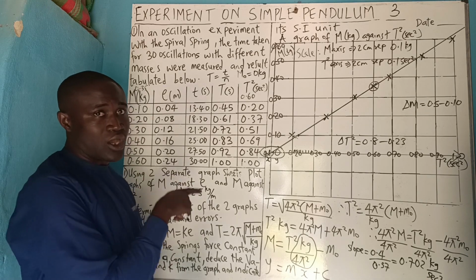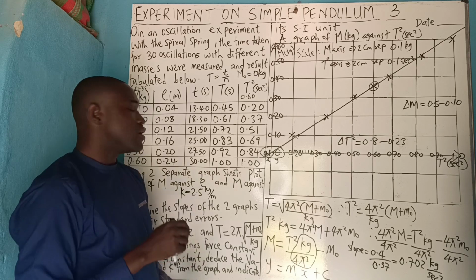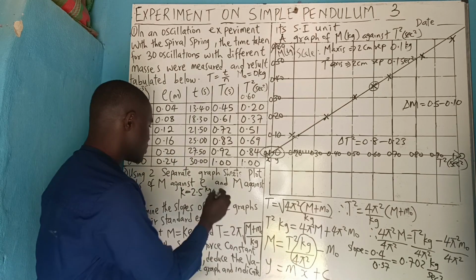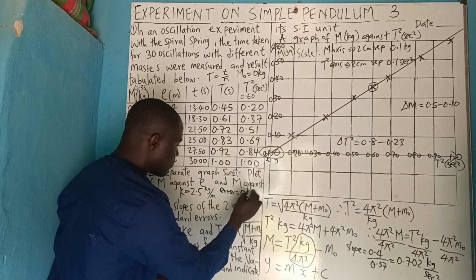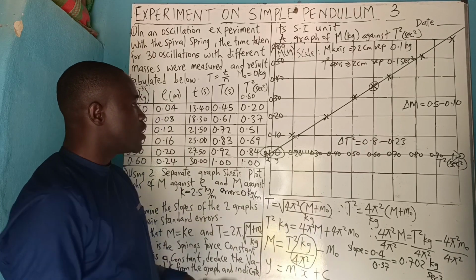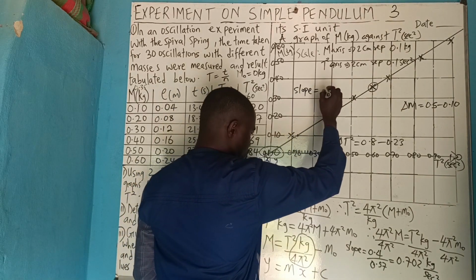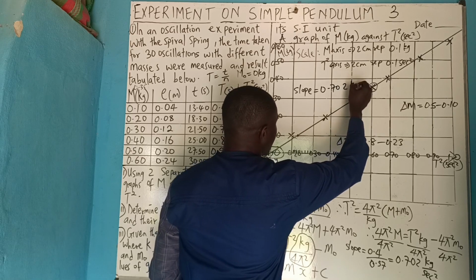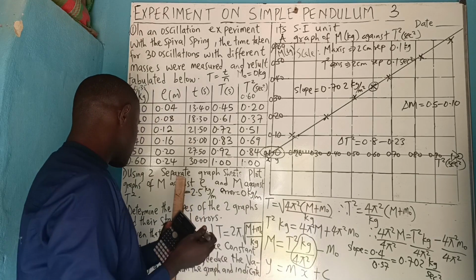I didn't talk about the unit of the error of that scale. Error equals 0 kilogram per meter. Please note it. Then for this one, we noted that the slope is equal to 0.702 kilogram per second squared. Right? Yes.